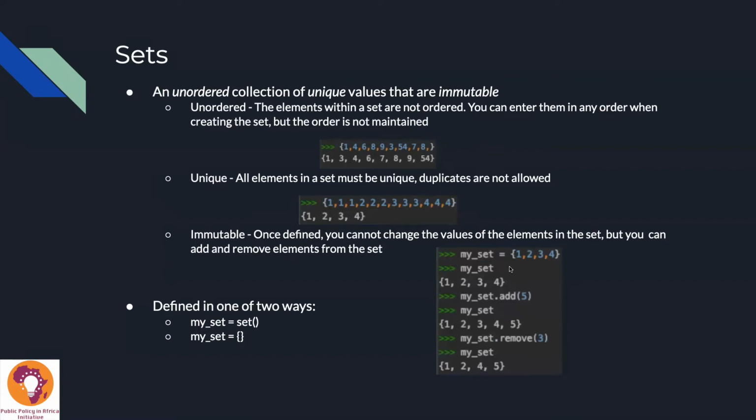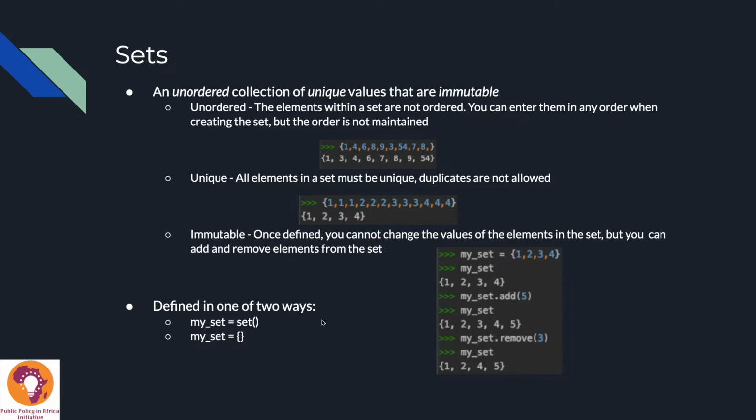I can't say replace the second value in my set with 4 or something like that. That's not possible because there's no order to sets. So I can't change the values of the set. They're immutable. The values within the set cannot be changed, but they can be added or removed using the methods here.